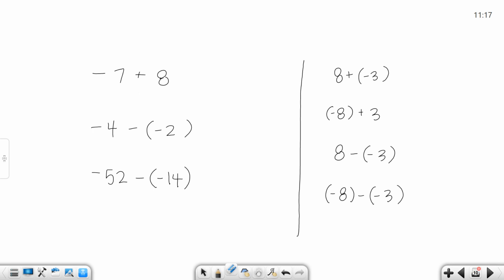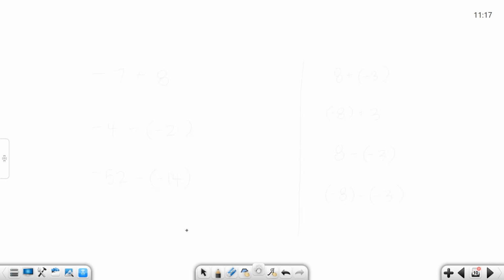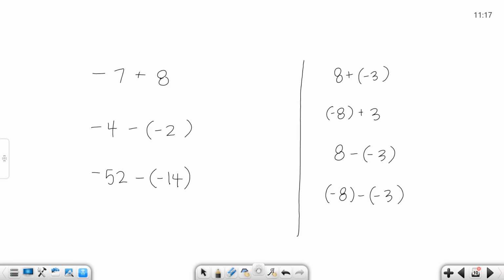Okay, so here's some extra examples. I'm going to start over here on the 8s side. They're all 8s and 3s, and we have to know what to do with them. Okay, so if I look at this one, I have a negative 8, and I have a 3 with this one.